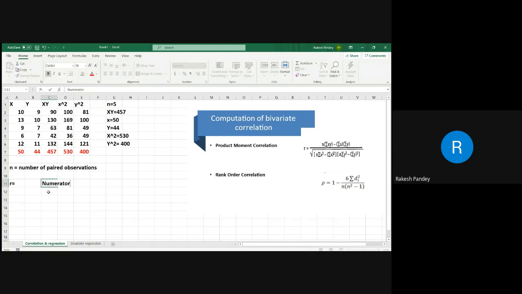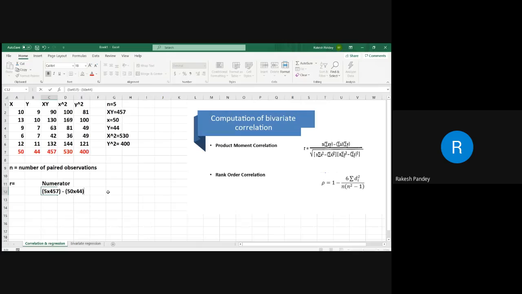So n is 5 into summation xy, take the value from here, it is 457, and from this we will subtract the product of summation x and summation y, that is 50 into 44.